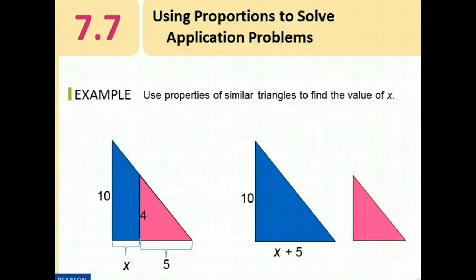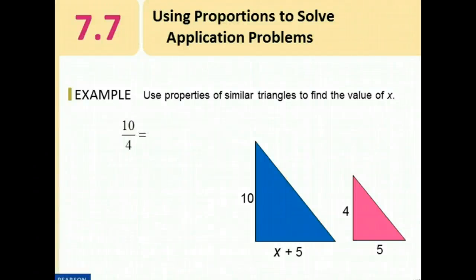Thus, the base of the blue triangle is the sum of those two lengths, so we get X plus 5. Now the height of the pink triangle is 4, and the base of the pink triangle is 5.